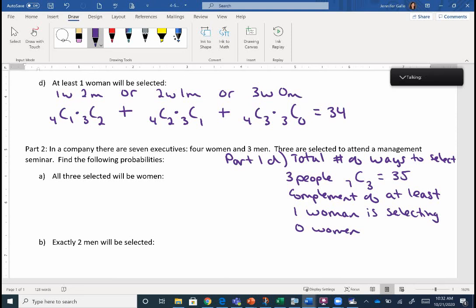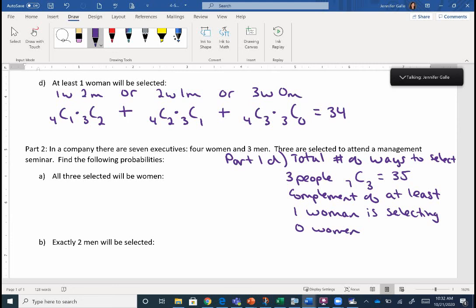So the total number of ways we can select 3 executives from our 7, there's 35 total ways. The complement, we've talked about this before, but again, it's been specifically with the probability, not just with the total number of ways. Total number of ways is 35. Complement of at least one woman is selecting 0 women.